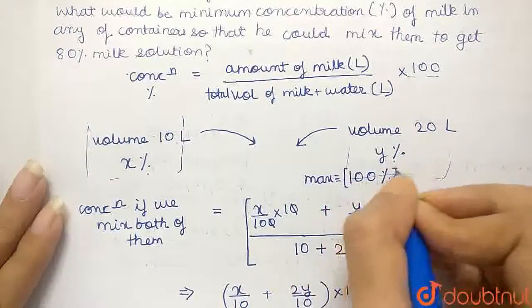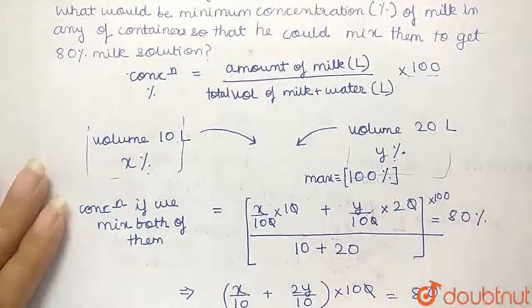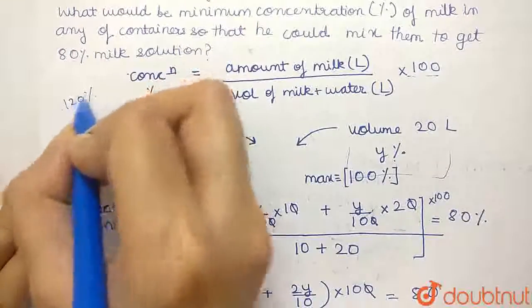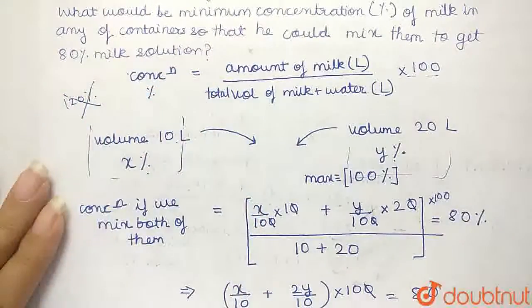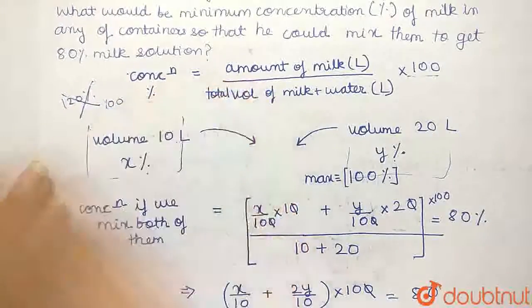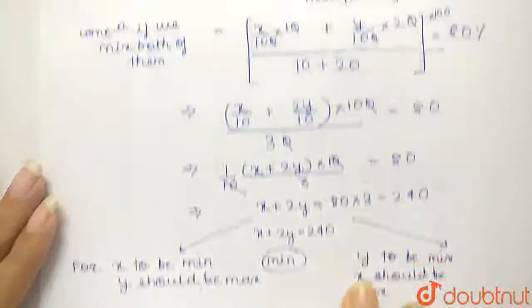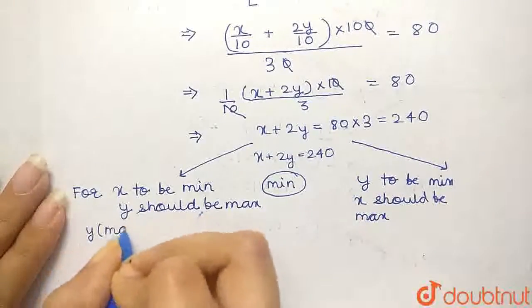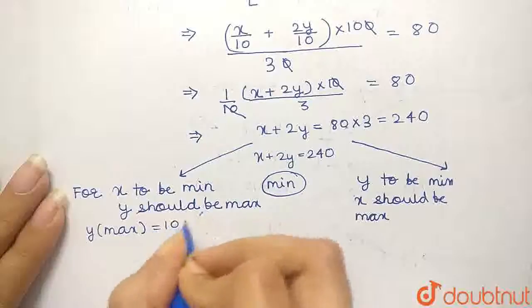Any value greater than this is not possible because it is a concentration. I cannot say a concentration to be 120%. The maximum concentration that is possible is 100. So we will put the maximum value of Y to be 100. Y max equals 100.